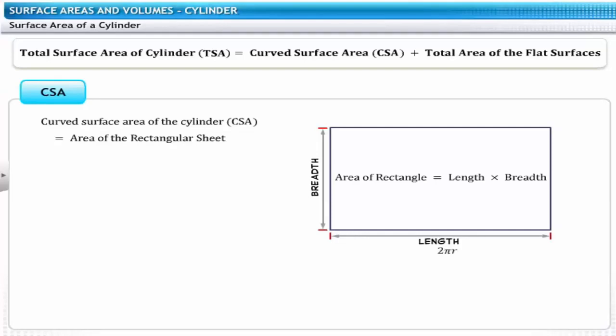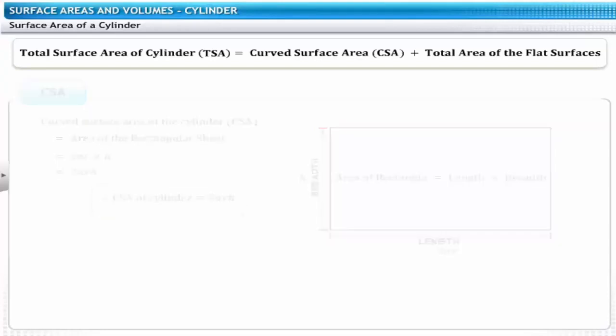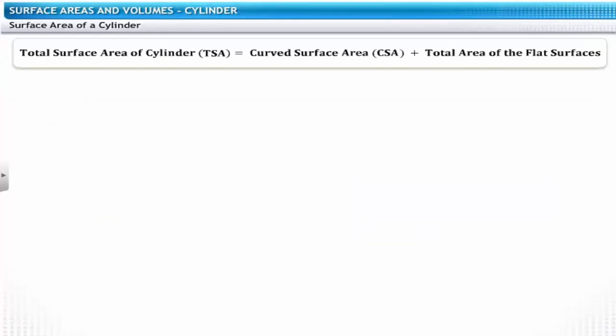The breadth of the rectangular sheet is equal to the height of the cylinder. Substituting 2 pi r as the length and h as the breadth of the rectangular sheet, we get the area of the sheet as 2 pi rh. Thus, the CSA of a cylinder can be generalized as 2 pi rh.